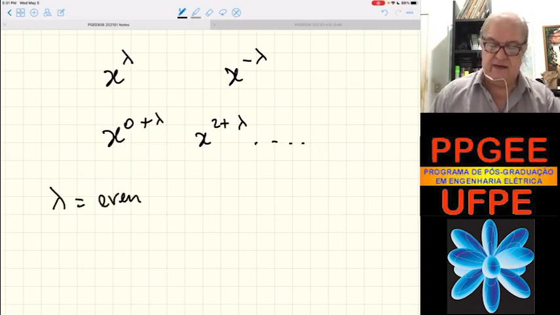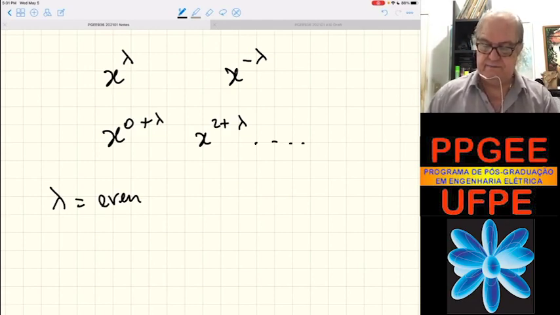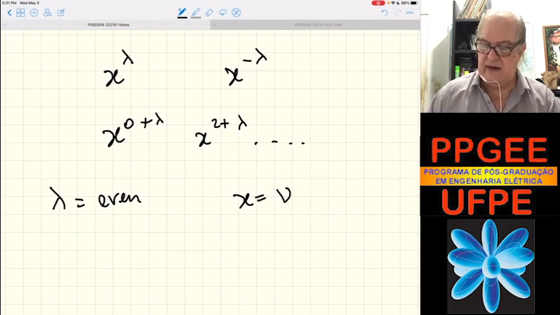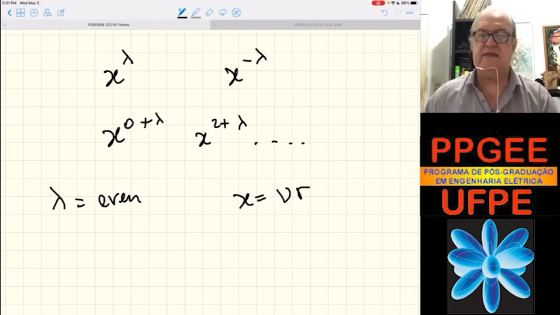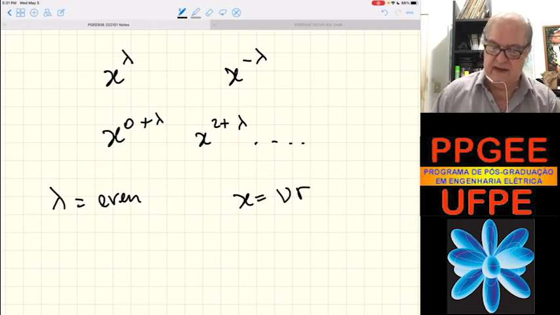With x equal to nu r, you're going to have j r to lambda, j r to lambda plus 2.